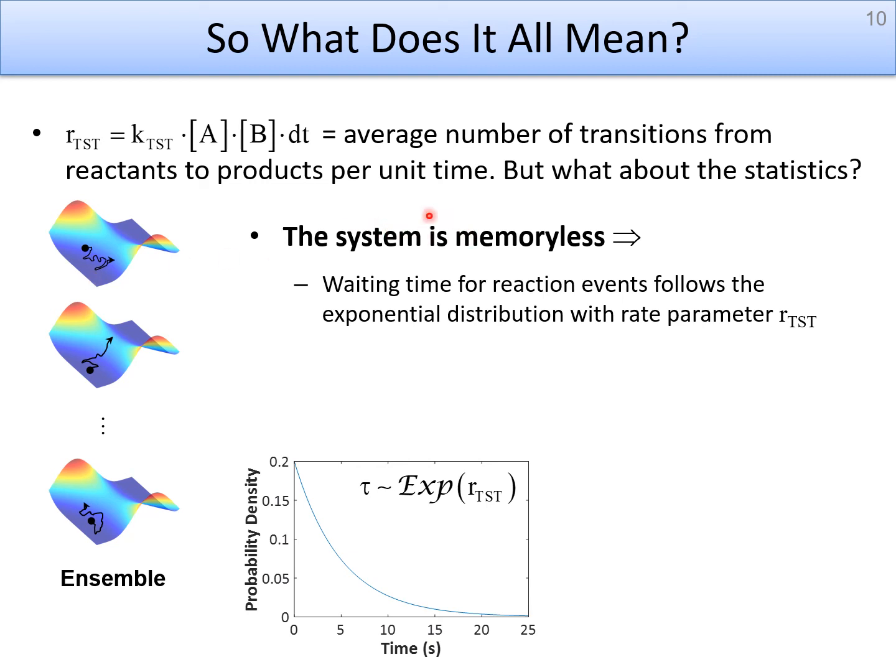If you want to make more mathematically rigorous statements, then you can say that the correlation times here, or the time scales of the temporal correlation functions, are much, much shorter than the time scales of the transition events. So this means memoryless.